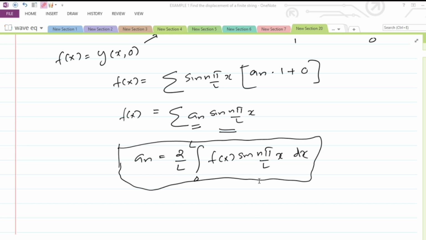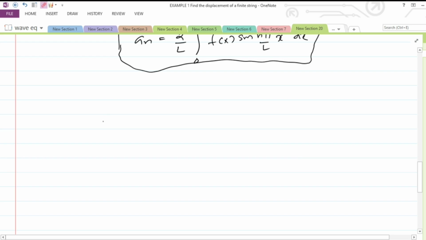Okay, now let us also discuss the velocity as g of x. If velocity is given as g of x, we can go further. Let us suppose that the velocity was given as g of x. Initial velocity, dou by dou t of y of x 0, equal to g of x.